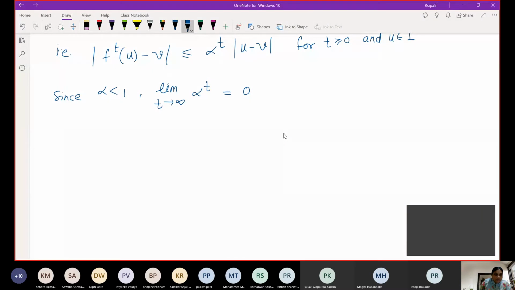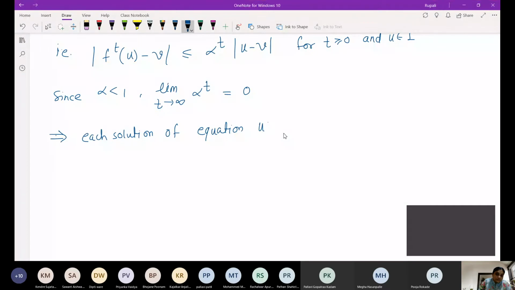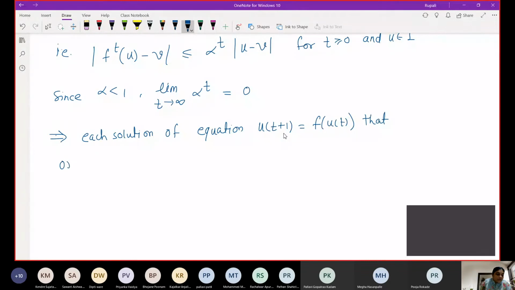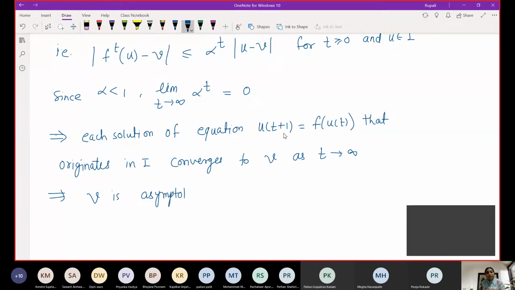So this implies each solution of the equation that originates in I, that starts in I, converges to V as t tends to infinity, and this implies V is asymptotically stable. The points near to V.